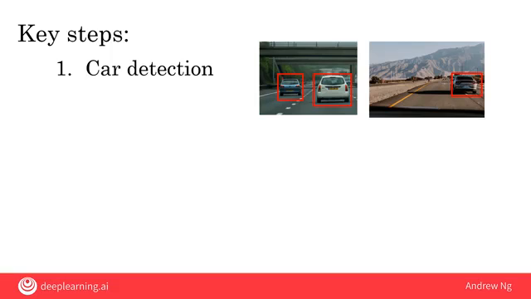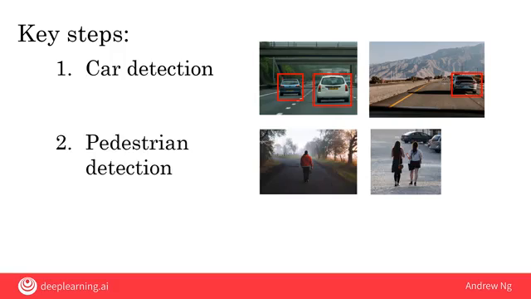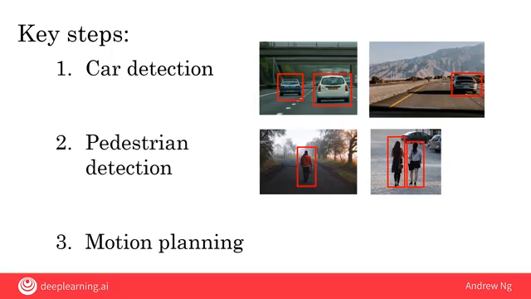And this is usually done using not just cameras, but other sensors as well, such as radar and LiDAR. Next is pedestrian detection, and using a pretty similar type of sensors as well as techniques, self-driving cars can detect pedestrians.